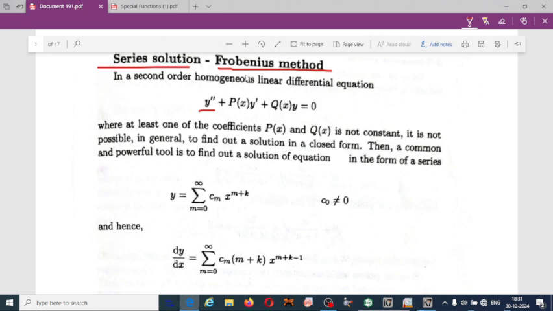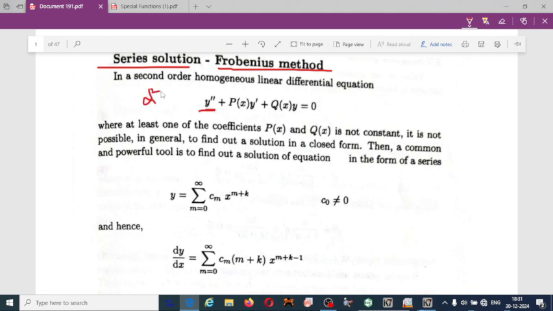That is the Frobenius method if we want to define it. Here first we need to write a second order homogeneous linear differential equation. So y double dash is nothing but d square y by dx square.